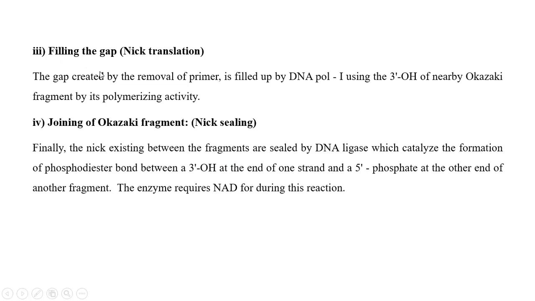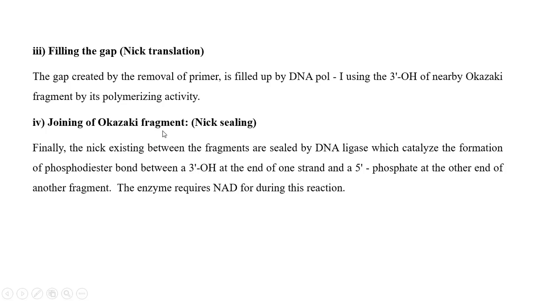Filling the gap. After the primer removal, the primer gap, that means the primer is 10 to 60 nucleotides, is filled by DNA polymerase 1 by its polymerization activity. So DNA polymerase 1 has polymerase activity and 5' to 3' exonuclease activity.